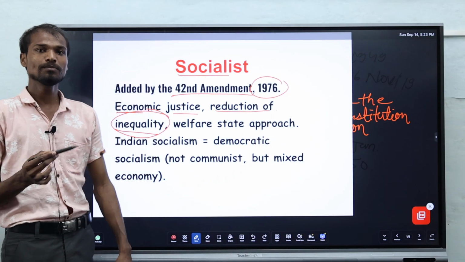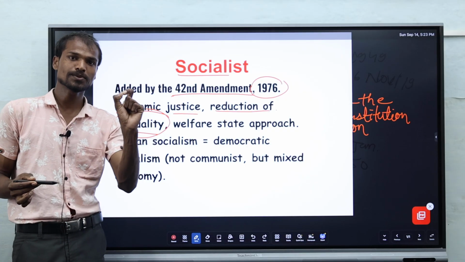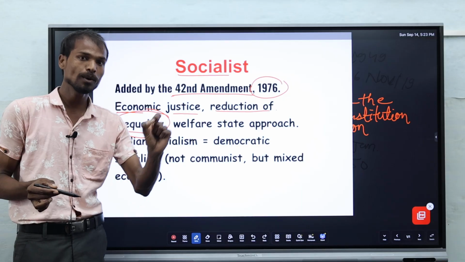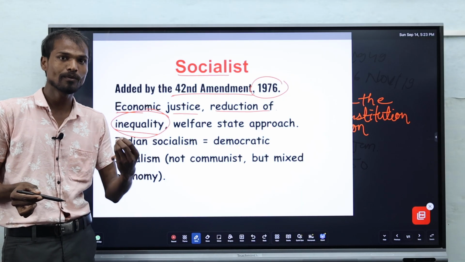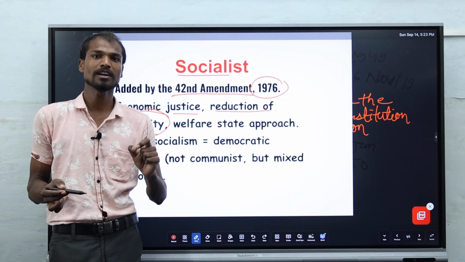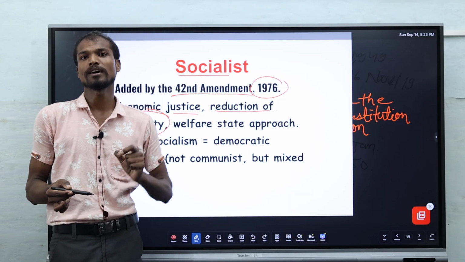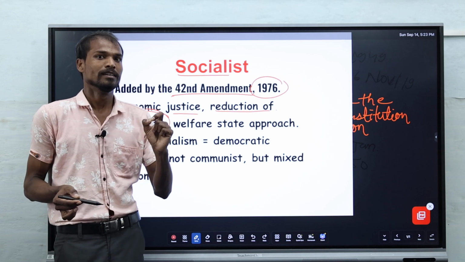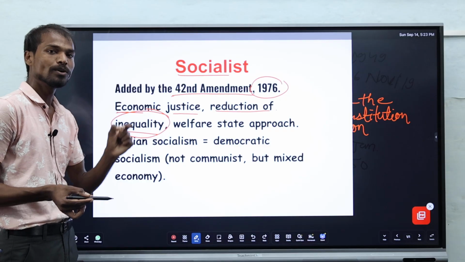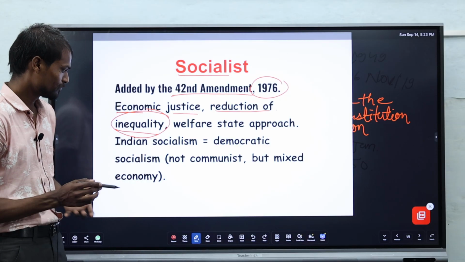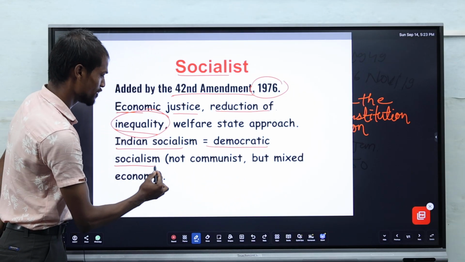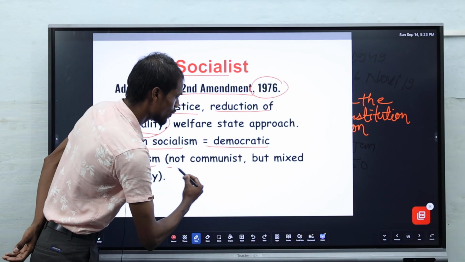Reduction of inequality means the Indian constitution ensures that nobody is treated unequally. Everybody is treated with equality, as the fundamental rights from Article 14 to 18 specify. Indian socialism is democratic socialism, it is not communist.